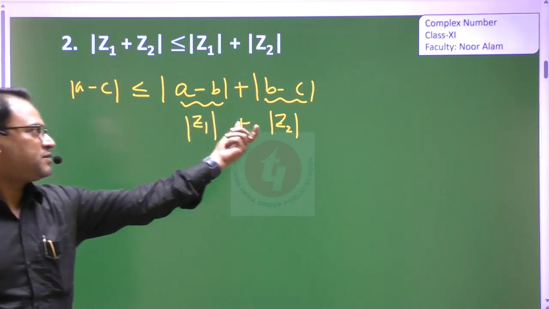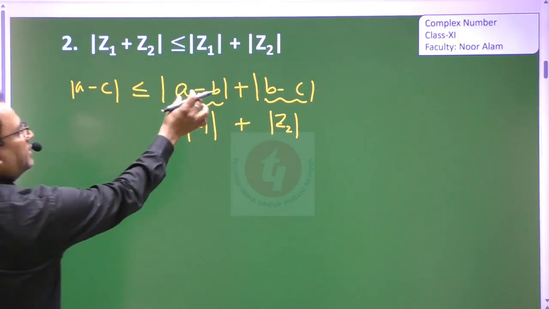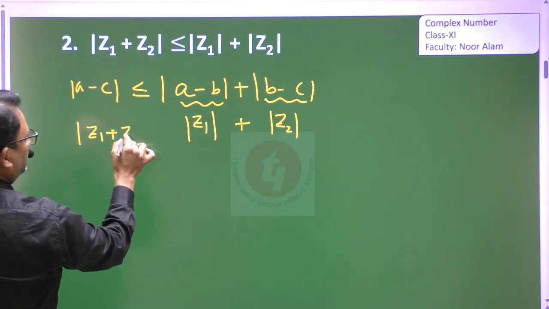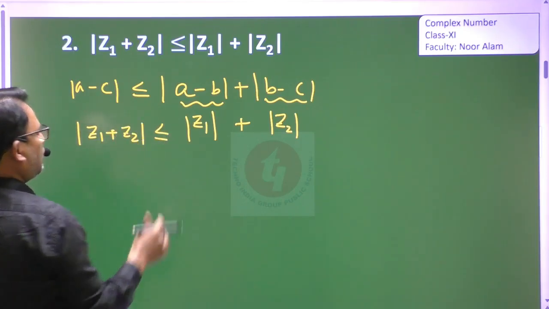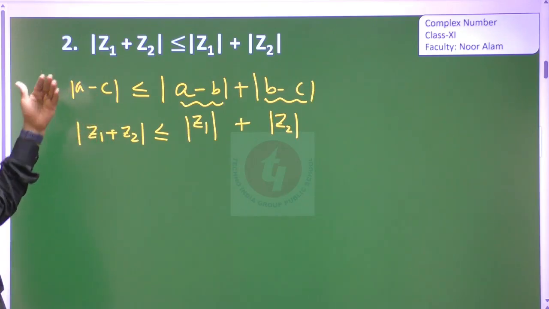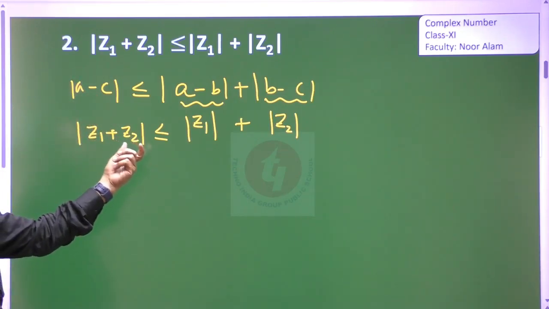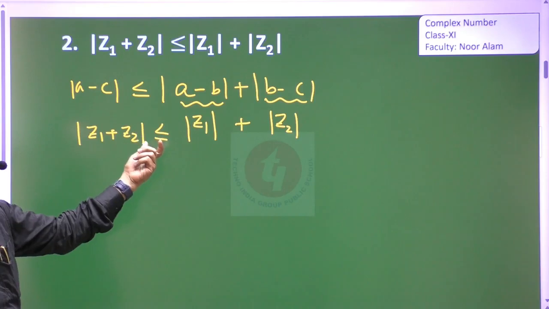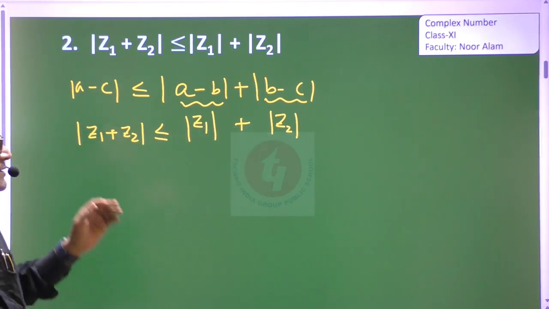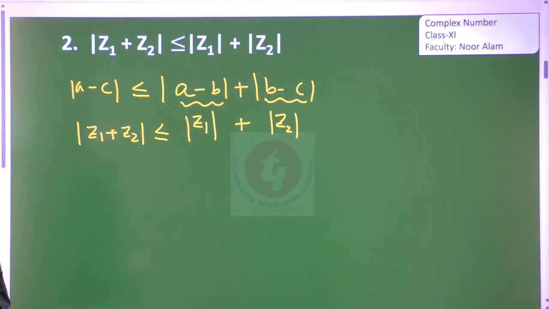Modulus of Z1 plus modulus of Z2, and their addition is Z1 plus Z2. So therefore, this is the second form of the inequality. Mod of Z1 plus Z2 is less than or equal to mod of Z1 plus mod of Z2, where Z1 and Z2 are complex numbers.